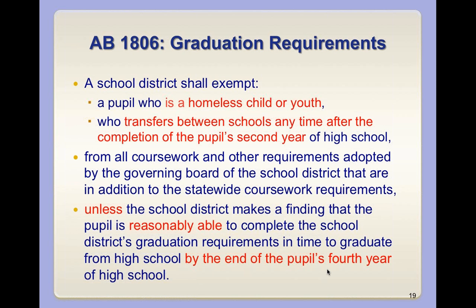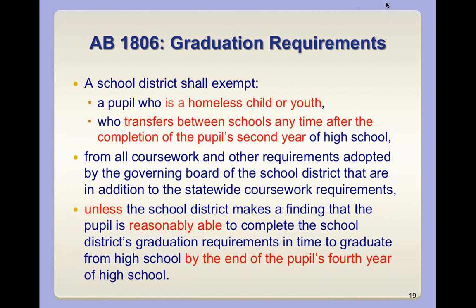Okay, don't get overwhelmed yet. We're going to take this step by step. Overall, what AB 1806 says is that a school district shall exempt a pupil who is a homeless child or youth who transfers between schools any time after completion of the pupil's second year of high school from all coursework and other requirements adopted by the governing board of the school that are in addition to statewide coursework requirements.